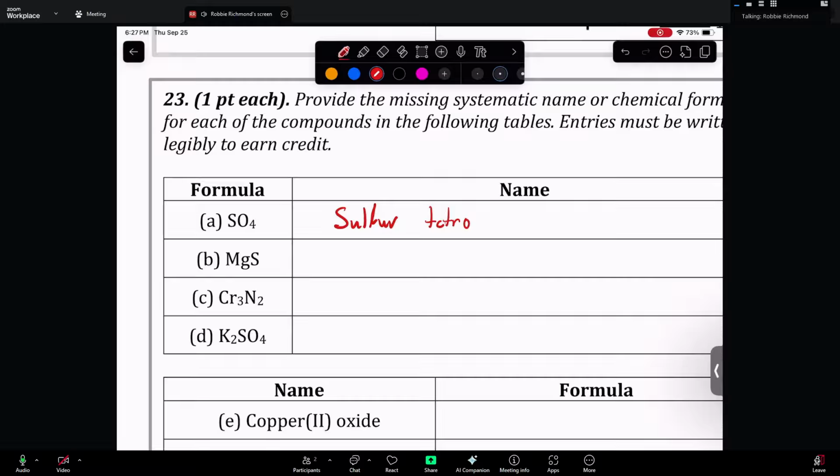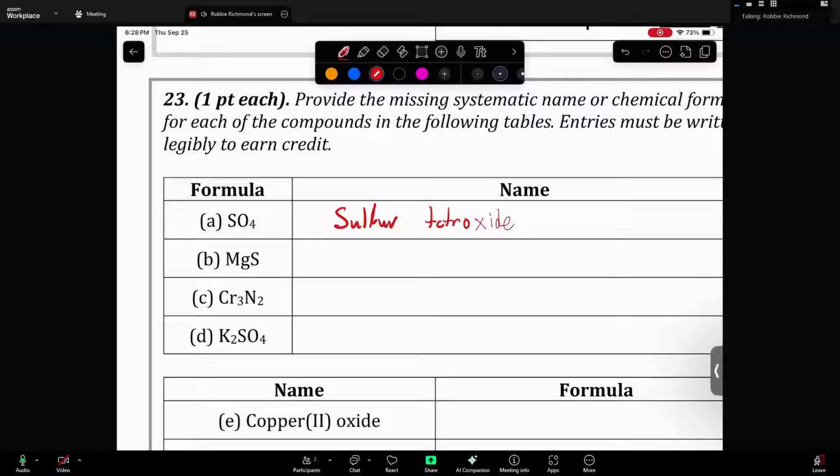I doubt that Dr. Outlaw is going to be very stringent on this, but to be very precise, tetroxide is a little bit more correct than tetraoxide. My pencil's not cooperating with me, sorry. Cool. Now you may be asking, why did I not put monosulfur? For the first element, you do not have to put mono. That is redundant. If it was S2O4, I would have to put a prefix to denote that there's 2, but since there's only 1 for that first element, we just leave it be.